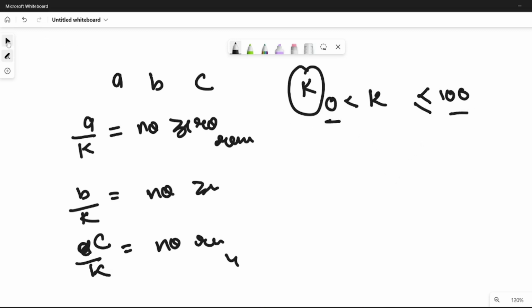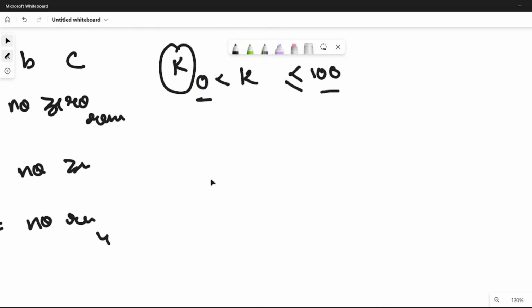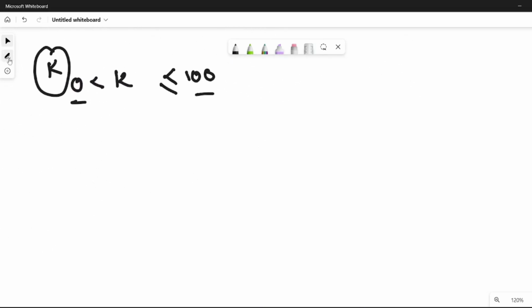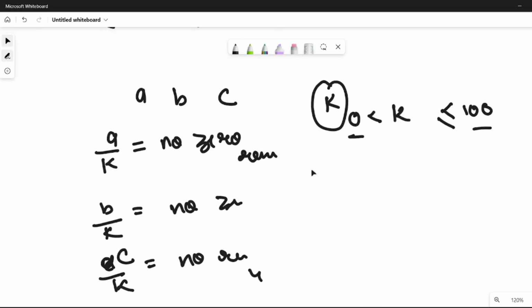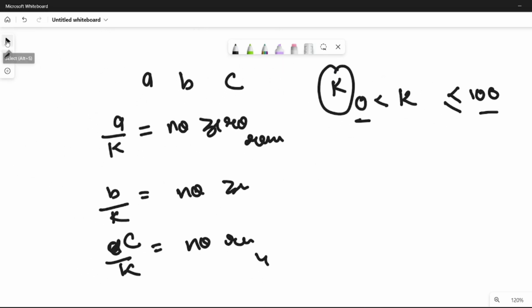So now what should be my approach to find a k? I want to satisfy these three conditions. I am sure that one of the conditions would be a modulo k is not equal to 0. You can make that out, right?